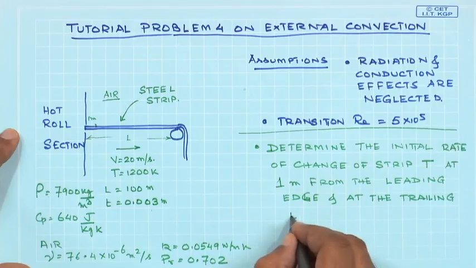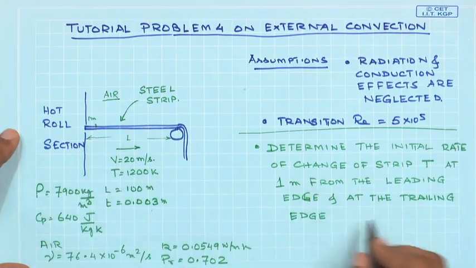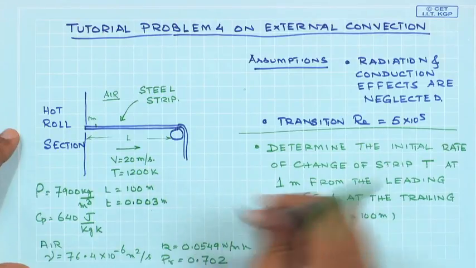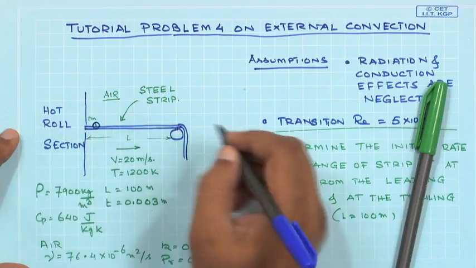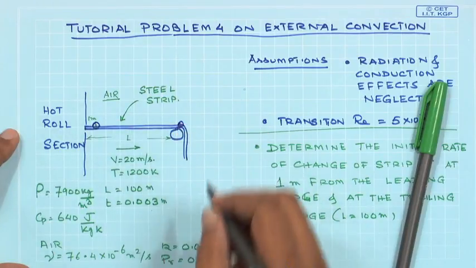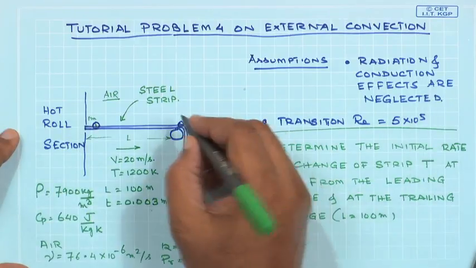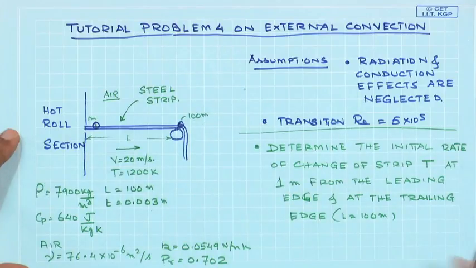The trailing edge being at the end of the entire length, which is at 100 meters. So, find out what is the rate of temperature change at this point and at this point. So, this is at a distance of 1 meter, and of course, this is at a distance of 100 meters.